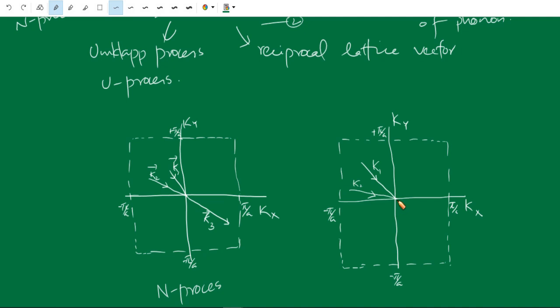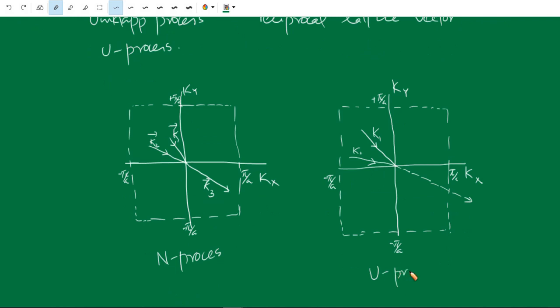In the second figure, it shows the Umklapp process.